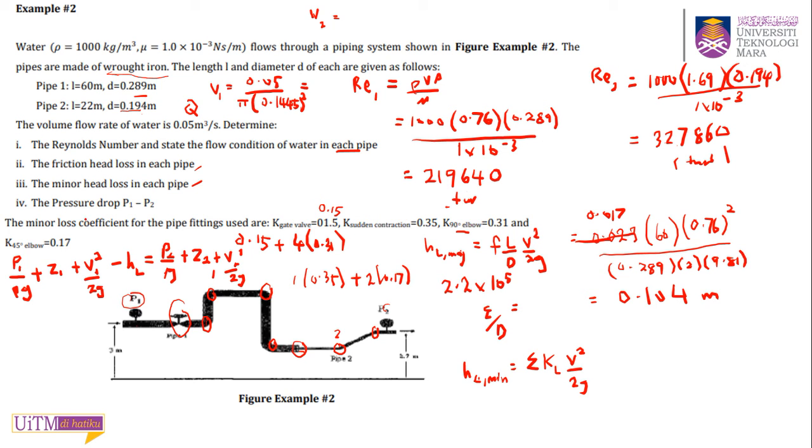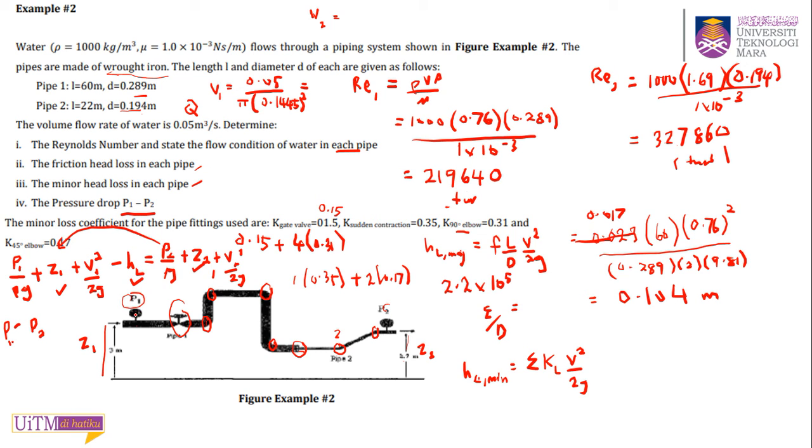So they ask you to find P1 minus P2, so you need to bring this term to the other side. You can write your equation in terms of P1 minus P2. Z1 is 3 meters, and Z2 is 2.7. You have HL, which you need to calculate from minor loss plus major loss, so this will get your total head loss.